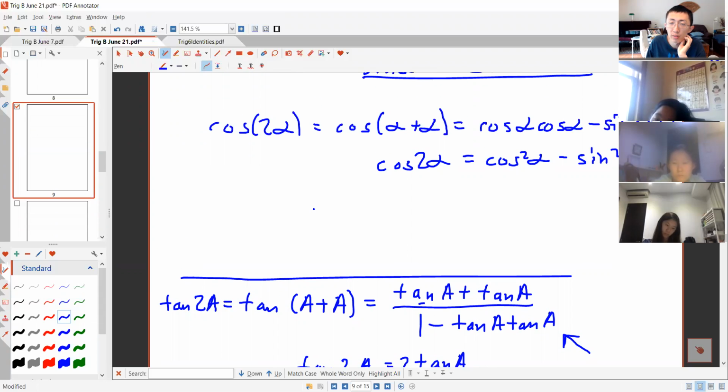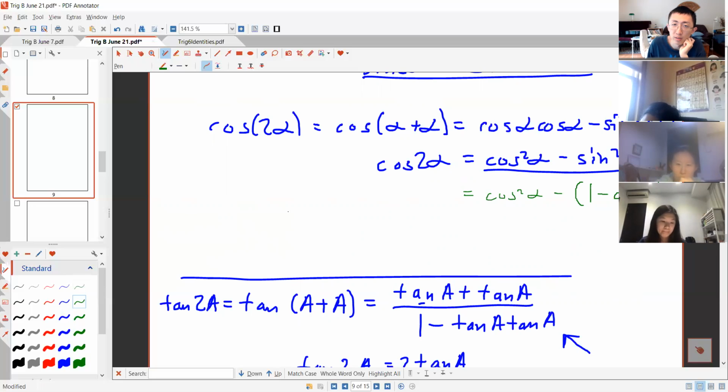Okay, so what if I wanted this in terms of only cosine? What could I do? I don't want any sine alphas in my expression. Is it 1 minus cosine alpha squared?